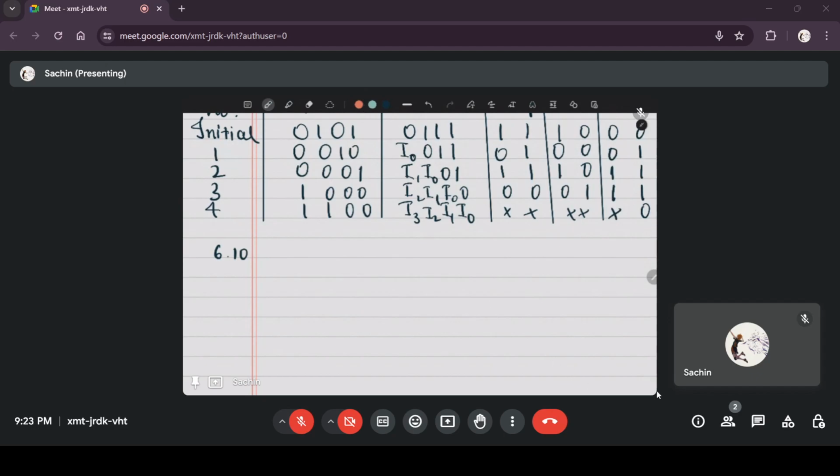I'll read the question again. Design a serial 2's complementer with a shift register and a flip-flop. The binary number is shifted out from one side and its 2's complement shifted into the other side of the shift register.